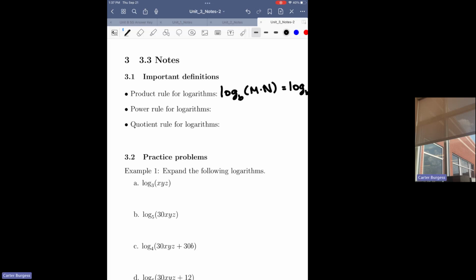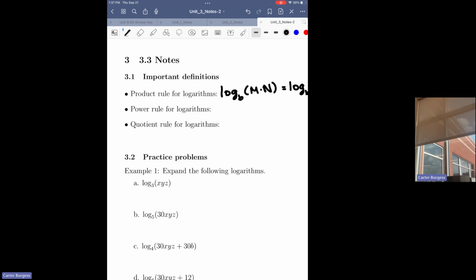So looking at log base 3 of x times y times z. First of all, is this a product that we're looking at? Yeah, okay, so we don't need to worry about any addition or subtraction nonsense going on. These are all being multiplied together. That's good. What would be a good value for m, and what would be a good value for n if I'm trying to split this apart? Perfect.